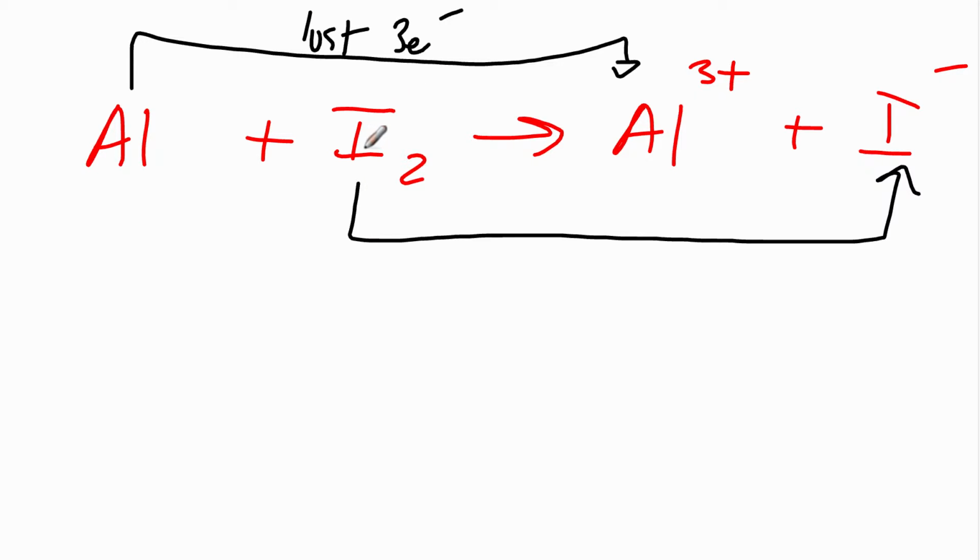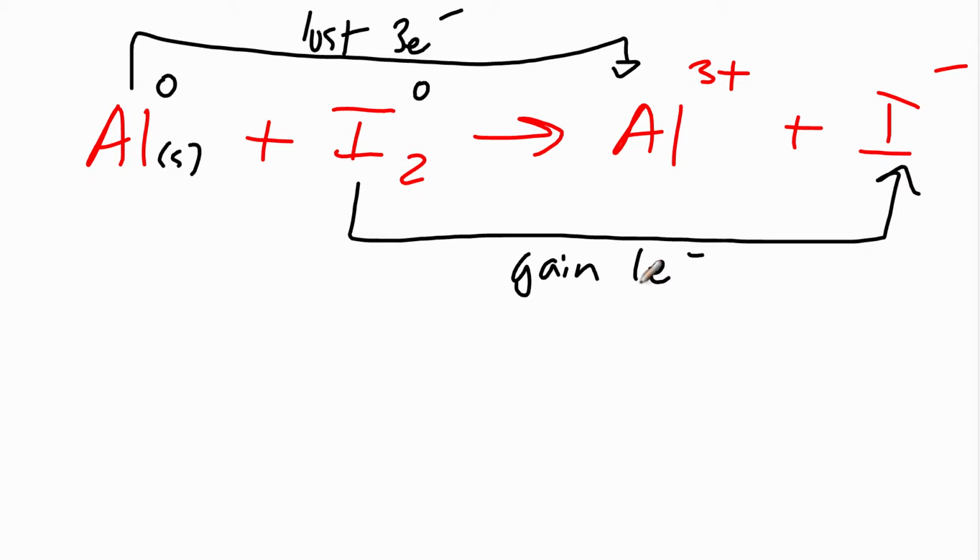Aluminum's oxidation number right now is 0 because it's a solid, and so is iodine's. So if aluminum goes from 0 to 3 plus, then it must have lost 3 electrons. Iodine goes from 0 to 1 minus, and so it must have gained 1 electron.